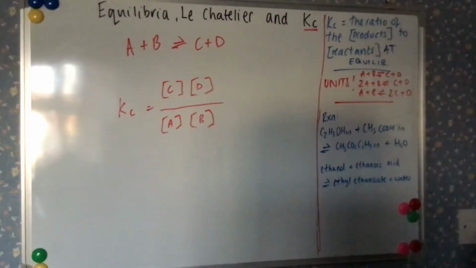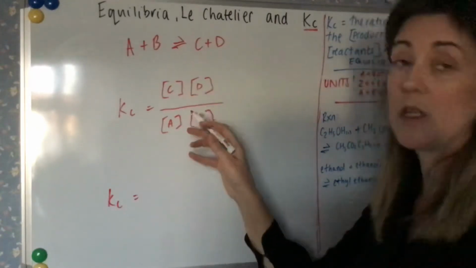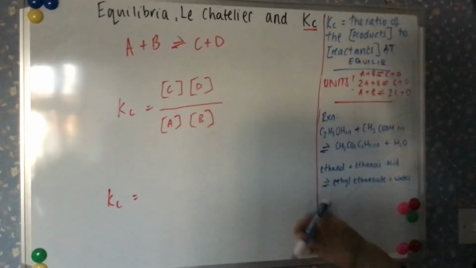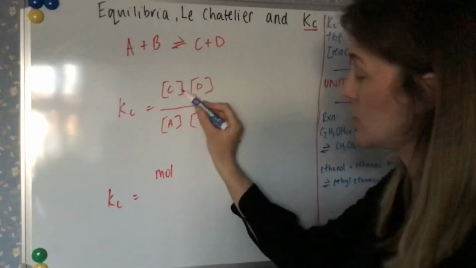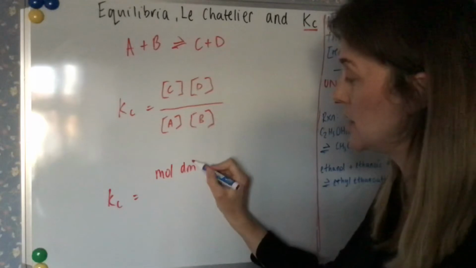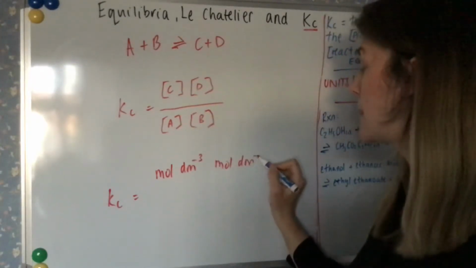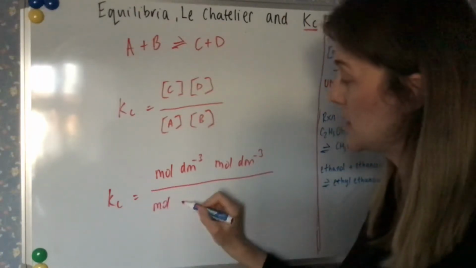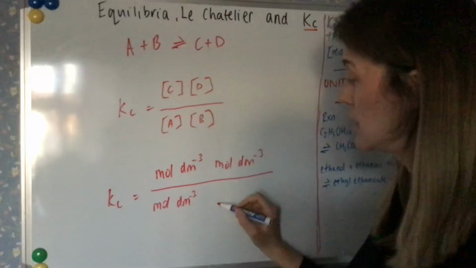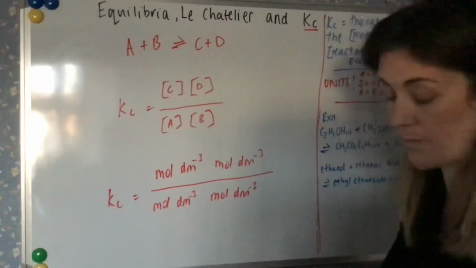So let's look at the units in this case. I hope that you all know that the units of concentration are moles per decimetre cubed. So all we have to do is put that into this expression: moles per decimetre cubed times moles per decimetre cubed, divided by moles per decimetre cubed times moles per decimetre cubed.